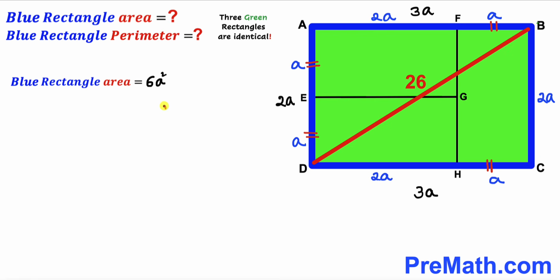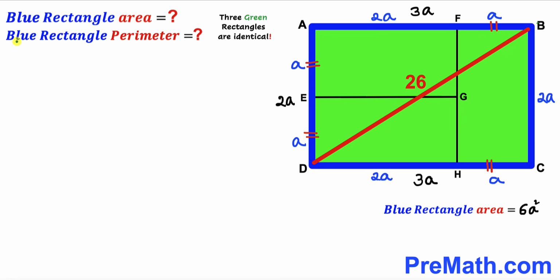And now our task is to find the value of lowercase a. We are interested in calculating the perimeter of this blue rectangle ABCD as well. And we know the perimeter is simply the sum of all these 4 side lengths of this blue rectangle ABCD.